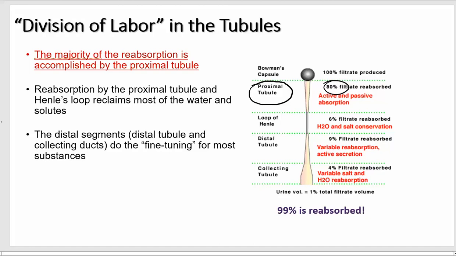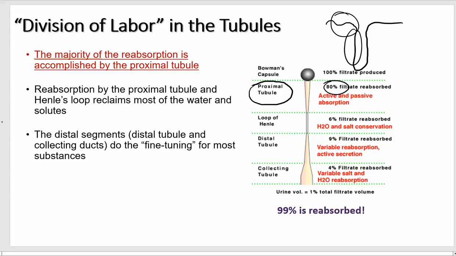So it's all brought back into the body like it never happened. So reabsorption happens by the proximal tubule and Henle's loop also. That's most of the reclamation of water and most of the reabsorption of solutes.